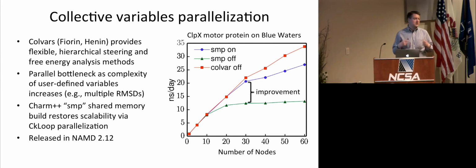Using the Charm++ SMP builds, shared memory within a process, combined with the CK loop feature, which is similar in spirit to OpenMP loop parallelization, we were able to distribute a lot of that computation on demand across the processors in a node and give sort of a factor of 2 improvement for a set of simulations where this was a bottleneck. So we continue to steer the development and features in Charm++ based on the performance issues that we encounter in NAMD.